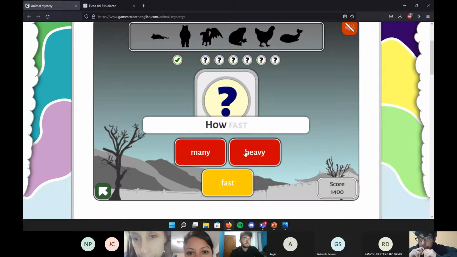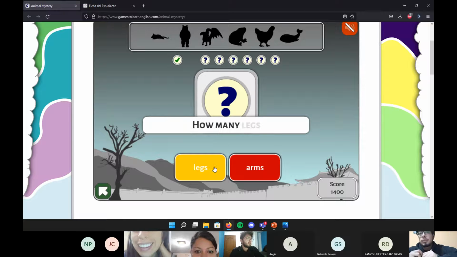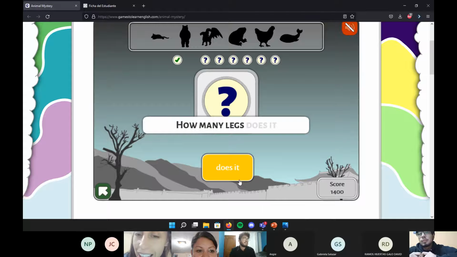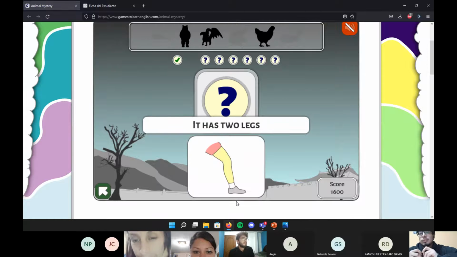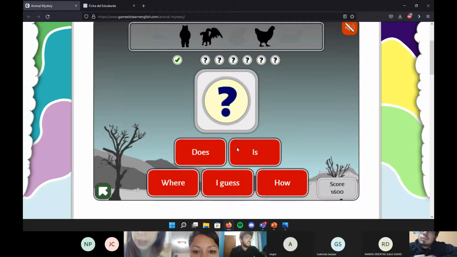How many legs does it have? Okay, we can see it has 2 legs. For that reason, we can say it's a bear maybe, or a dragon, or a chicken. I mean, this is a dragon, I don't know.